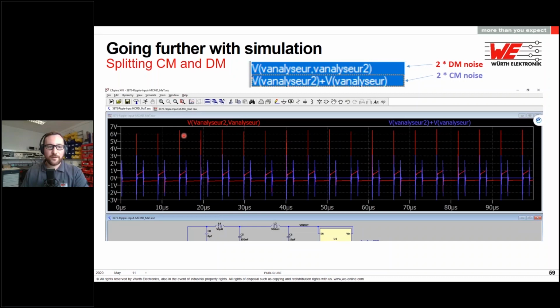Here, for example, analyzer 2 minus analyzer will give you the differential mode, and analyzer 2 plus analyzer will give you only the common mode. So you can do this directly in the LTSPICE simulation as soon as you have these two signals available.